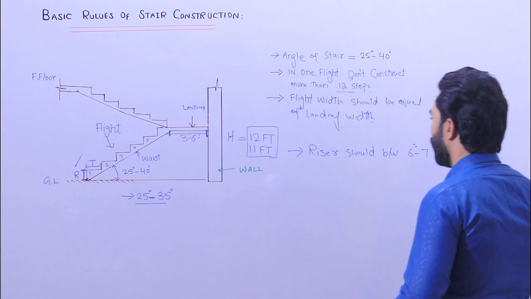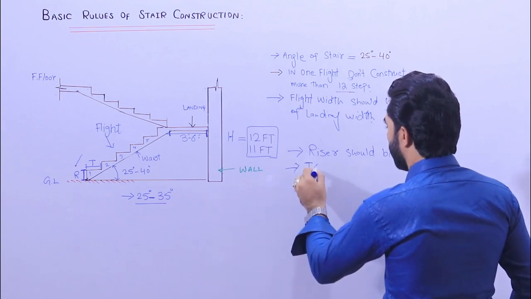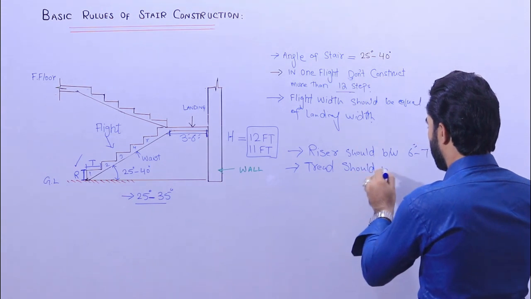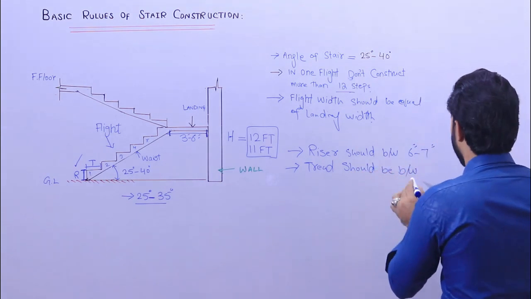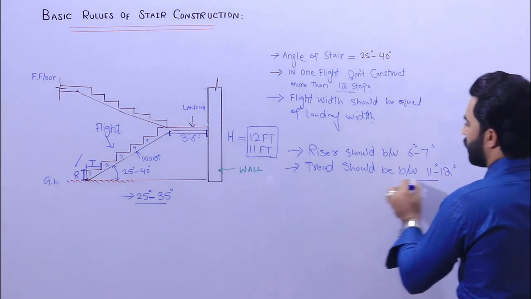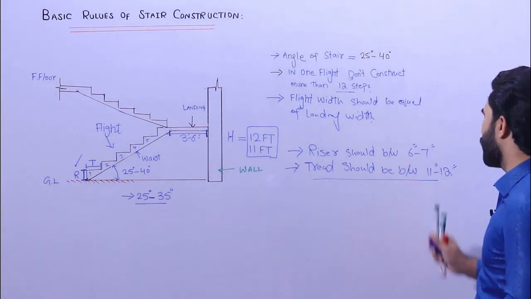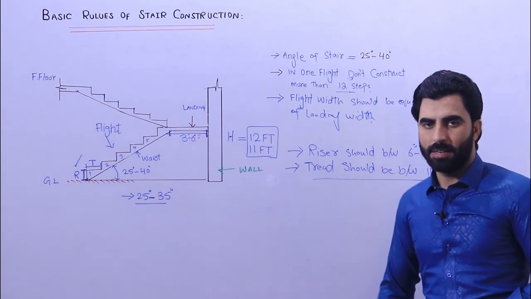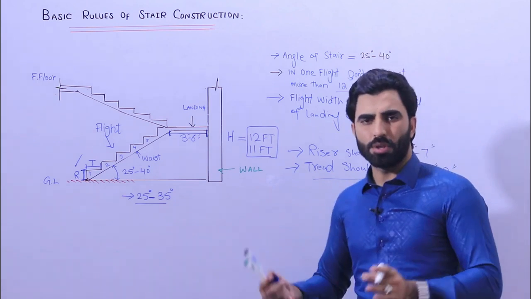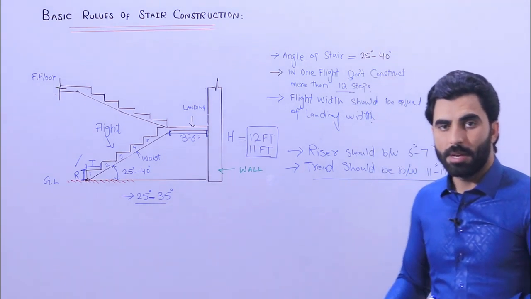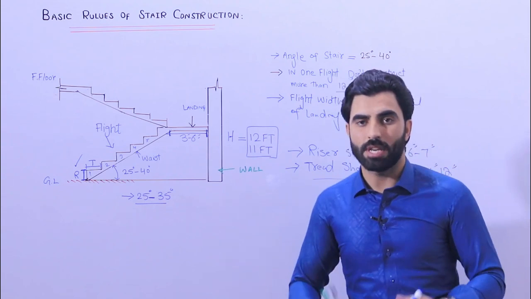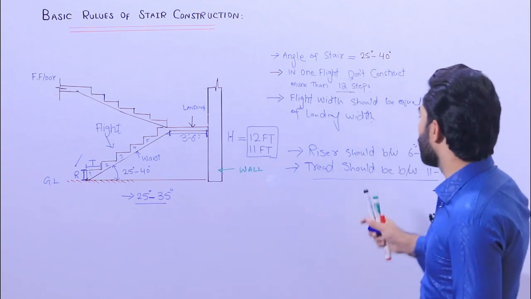And the tread should be between 11 to 12 inches. You can keep 11 inches or 12 inches, but don't provide 10 inches. If you have less space, you can decrease up to 10 inches, but then you provide marble or tile on top of this to increase it up to 11 inches. So this is also another rule.